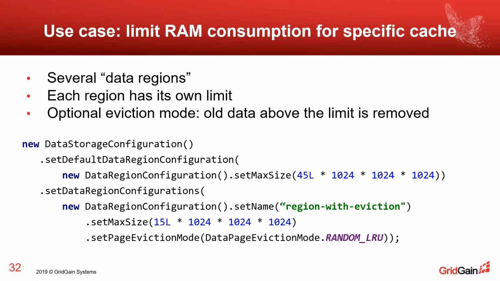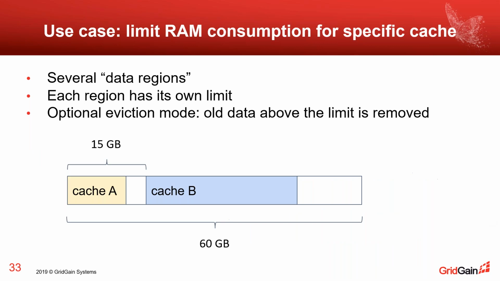So let's see what will happen in such configuration. There's an overall limit of 60 gigabytes, just like in the previous slide, but there are two chunks, 15 and 45 gigabytes, and caches A and B operate in their own chunks.